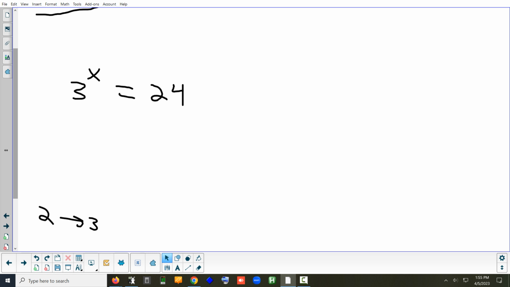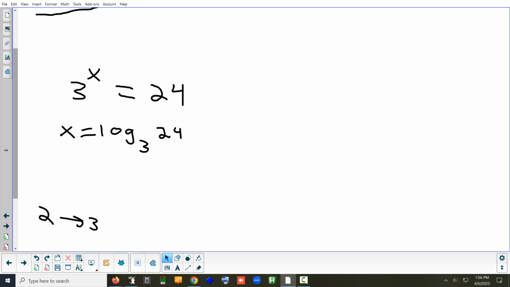Naija, what could I do on this one? You can do log base 3 of 24, yep, equals x.